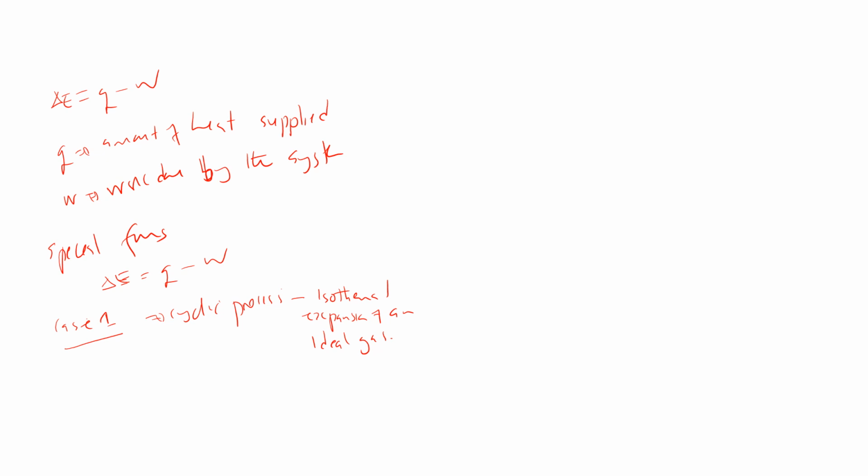In this case, the total change in energy, delta E, should be equal to 0. In a cyclic process, you start from point A, go through many steps, and come back to where you started from. So the overall change in energy becomes 0, and therefore, from our expression of delta E is equal to Q minus W, it means that Q should be equal to W in a cyclic process.